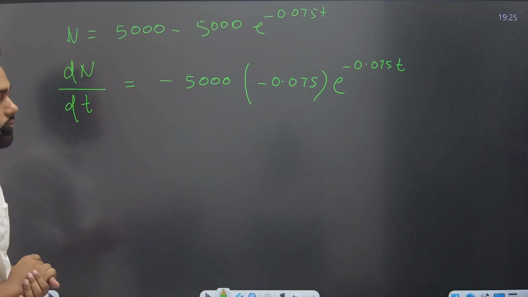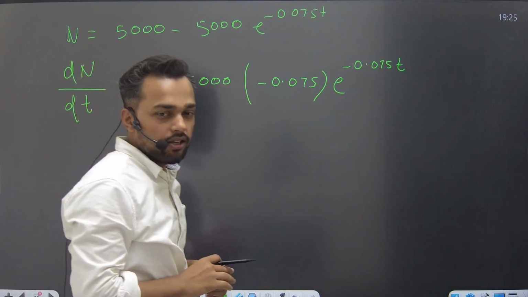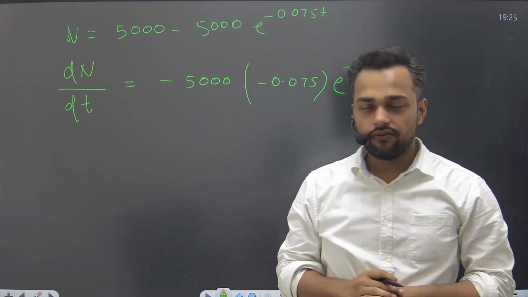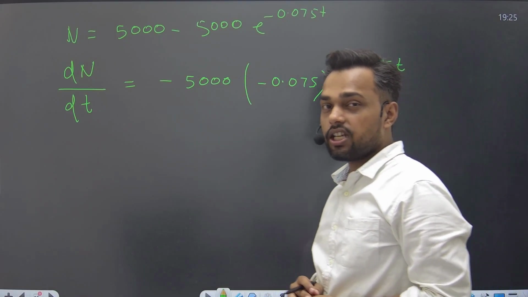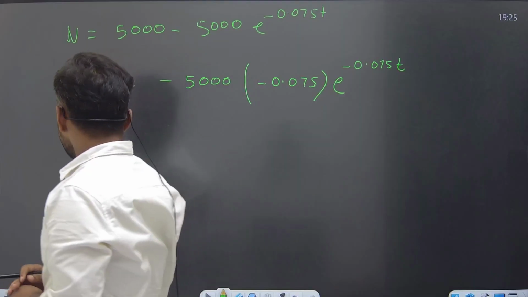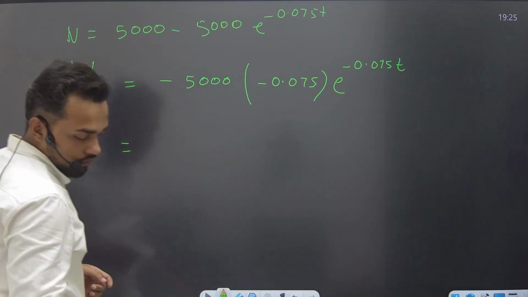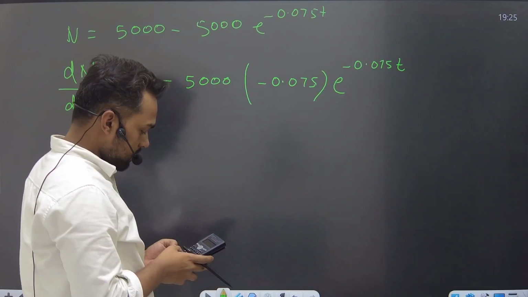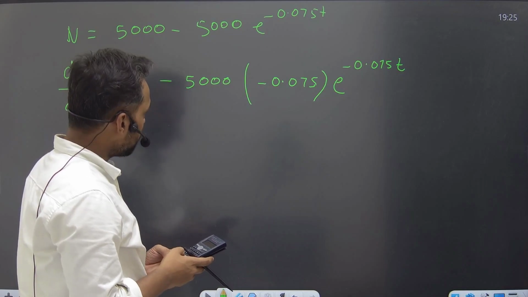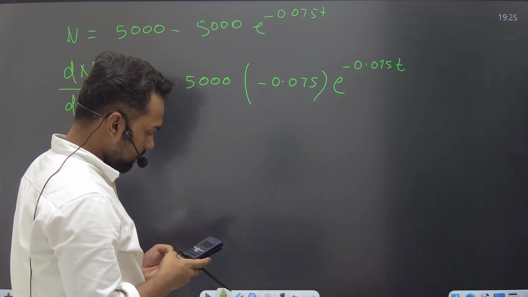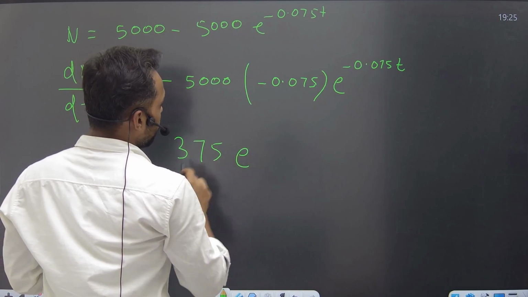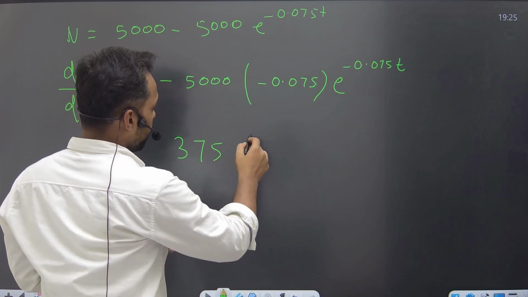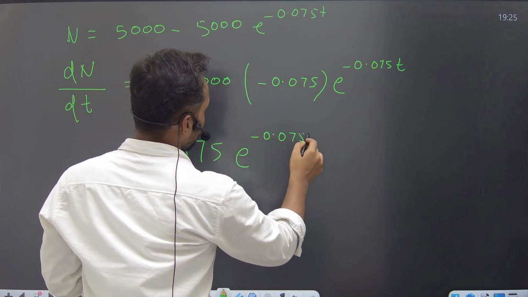I have applied the formula for differentiation of e power kx, so it will be k times e power kx. So if I calculate the value, 5000 cross 0.075, you will get 375 e raised to the power negative of 0.075 cross t.